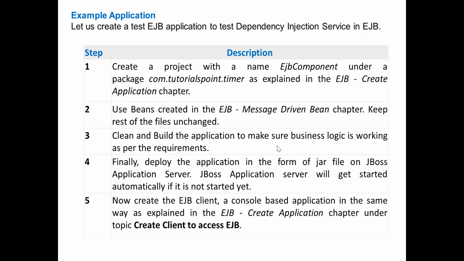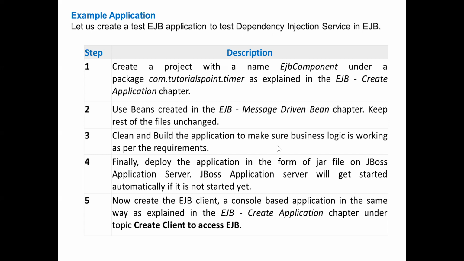For the package, for example, I take com.tutorialspoint.timers. It is a package containing some of the EJB components and the name of the project we have to create. As explained in the EJB chapter, then we have to create the application.